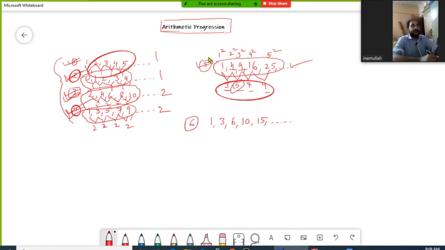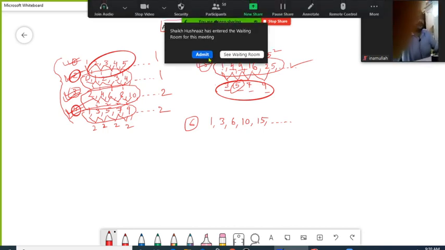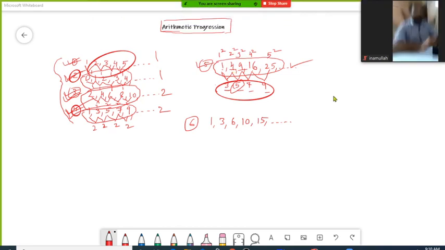This is another set. First we need to identify whether it is a sequence or not. In order to identify whether it is a sequence or not, we just need to identify the pattern in the given set of numbers.